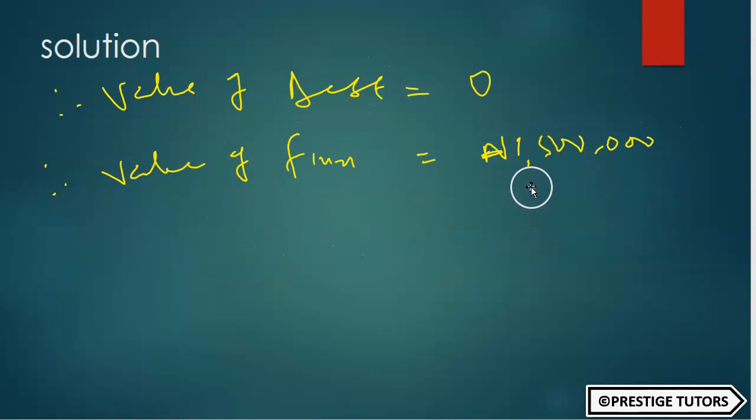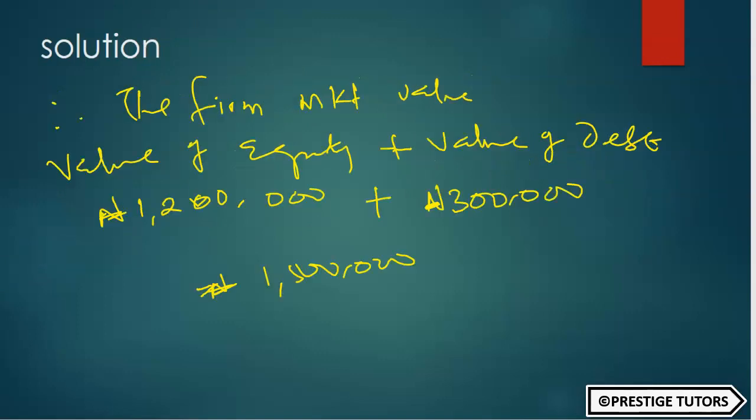Now, the value of firm at no debt was 1.5 million. The value of firm at 300,000 naira debt at 6% is 1.5 million.